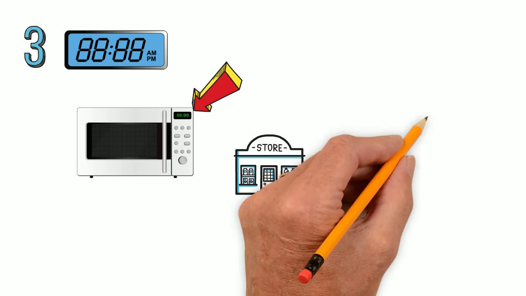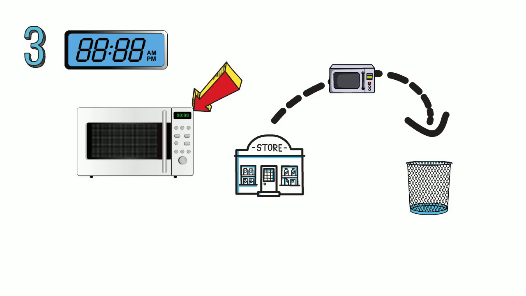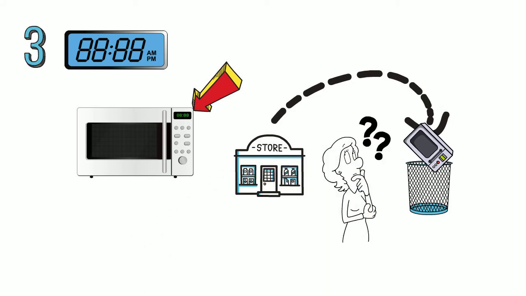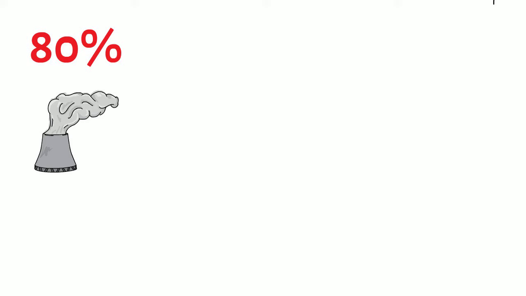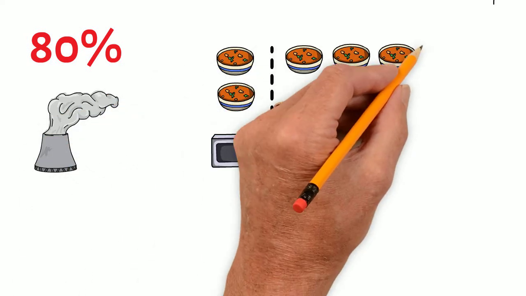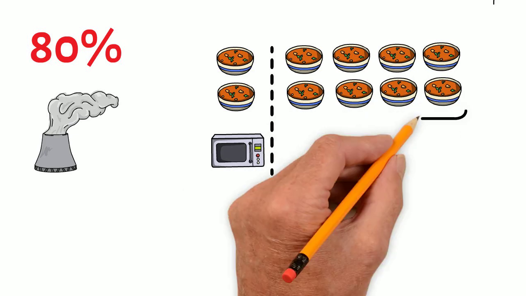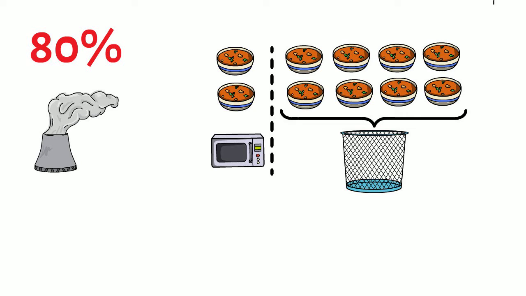Can you guess how much energy consumption over a microwave lifetime is used by standby mode and a digital display only? It is 80%. This means 80% of the total energy you pay for during the lifetime of a microwave oven is not coming from the original function of heating up food or drinks.